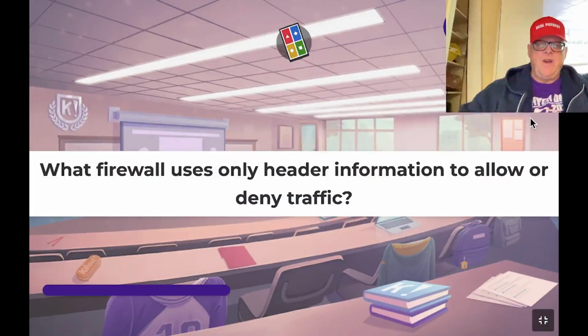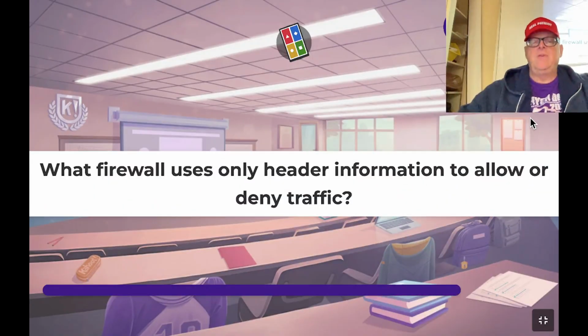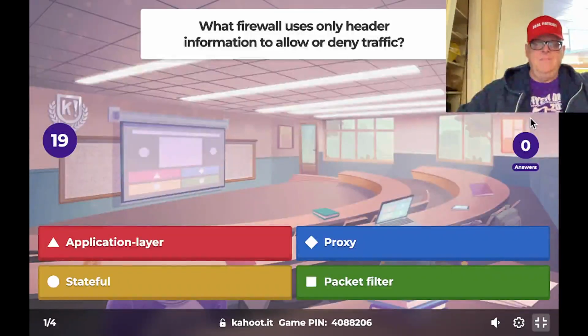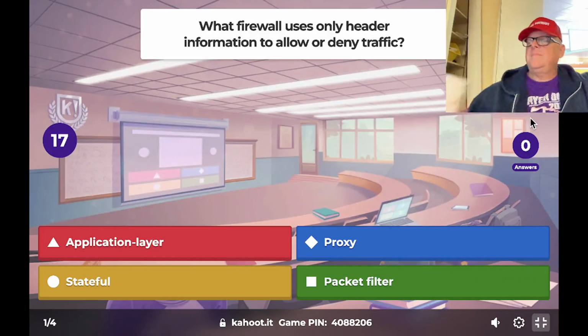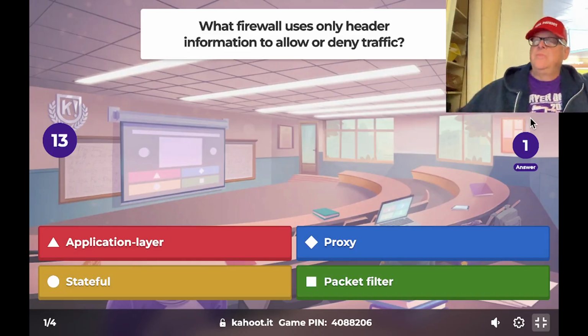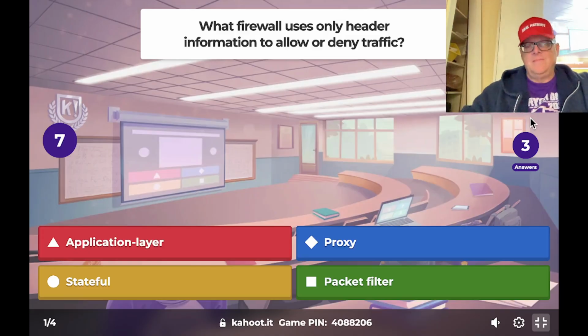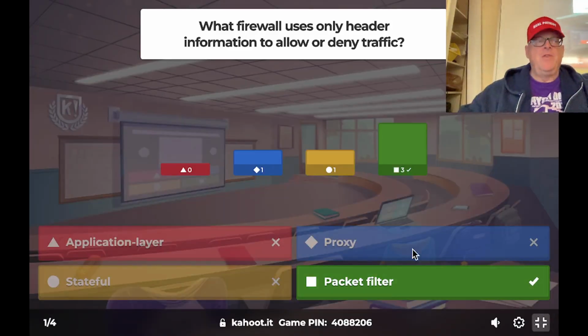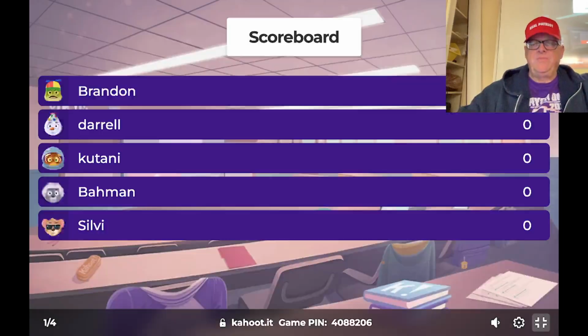All right, so what firewall uses only header information? That's a packet filter, the old-fashioned Generation 1 firewalls.